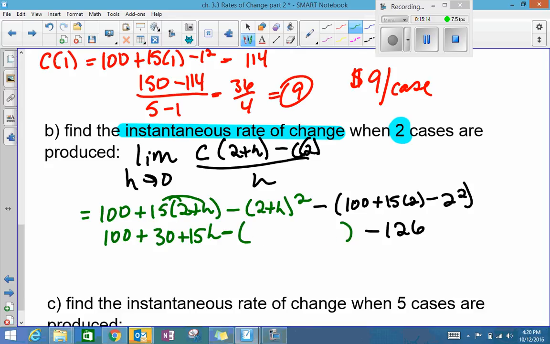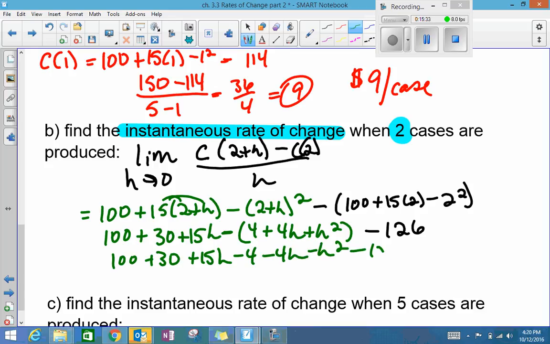So we have to FOIL that, and then we're going to subtract it. So we get 4 plus 4h plus h squared. So if we continue simplifying that, we get 100 plus 30 plus 15h minus 4 minus 4h minus h squared minus 126. So again, really important to remember to distribute that negative.